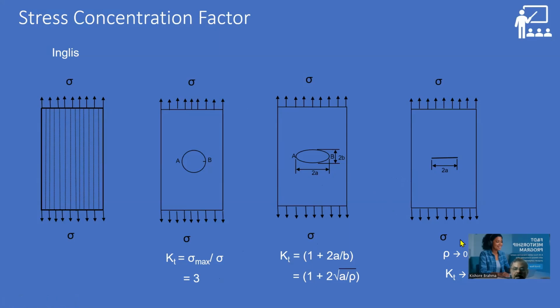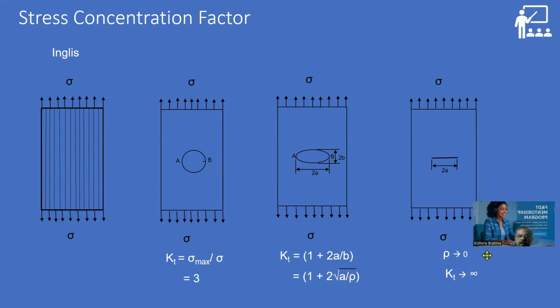In that case, either the radius of curvature is 0 or b is equal to 0, and the stress concentration factor tends to infinity, which is not theoretically possible in a structure. So it is not able to explain the stress distribution at the crack tip, and the stress concentration factor cannot be used to characterize the stresses at the crack tip.